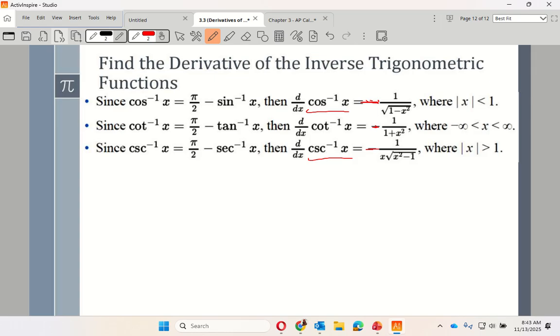Sine and cosine are cofunctions of each other. So since those are cofunctions, think of a right triangle. The other 2 angles have to add up to 90, because all 3 angles in a triangle add up to 180, but a right triangle already has a 90. Okay?